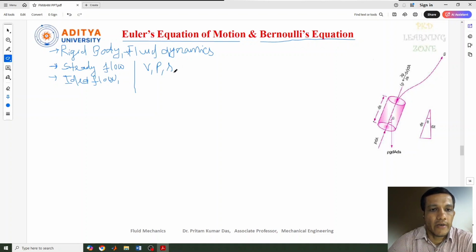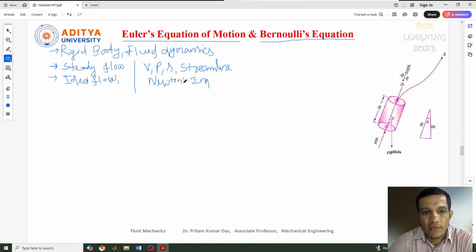And when the fluid is in moving condition, we need to consider that it moves in a streamline path. This is one concept. Next, Euler's equation of motion is based on Newton's second law of motion. These are some of the points.